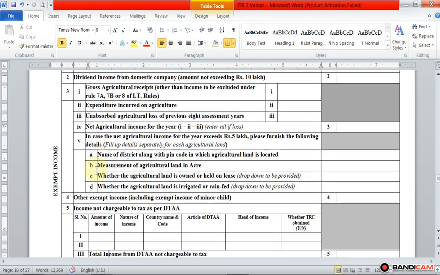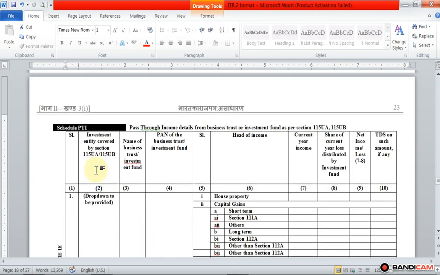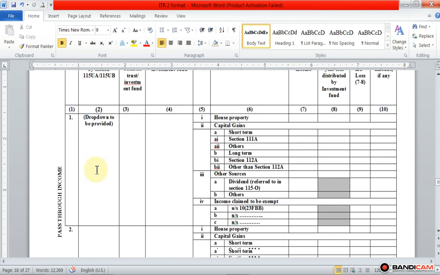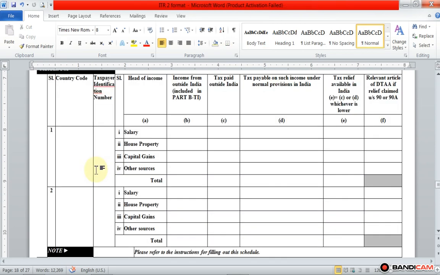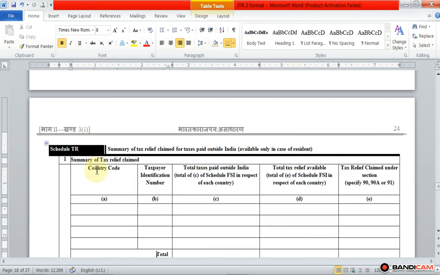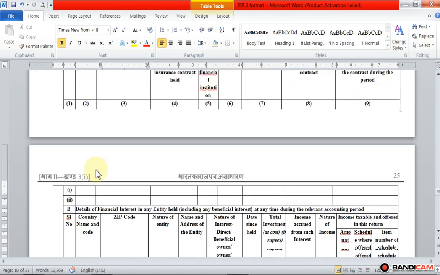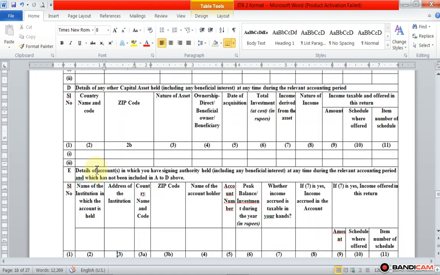Now we are going to discuss Part B of ITR 2, that is computation of tax liability of the assessee.